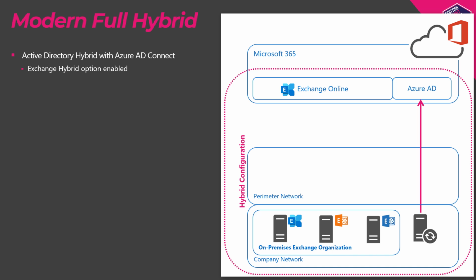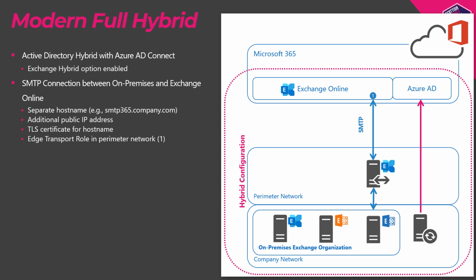The requirement for hybrid identities using Azure AD Connect and having the Exchange Hybrid option enabled is just the same. And the very same is true for mail flow. So there's no difference between classic full hybrid and modern full hybrid when it comes to the requirements for hybrid identities.